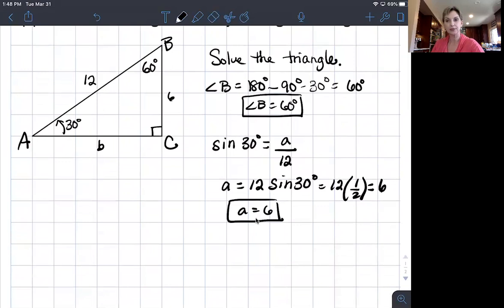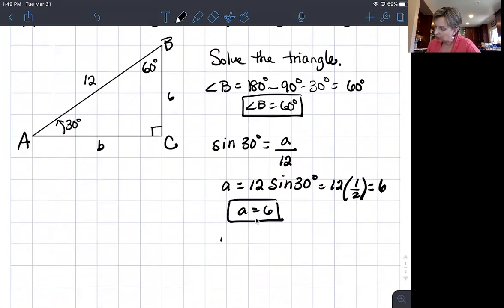That just leaves us with side b. For side b, I still want to use that 30-degree angle, although you could use the 60-degree angle as well and just use a different trig function. You have lots of options here. But let's stick with that 30-degree angle. Now I want to use cosine instead because I'm solving for b, which is adjacent.